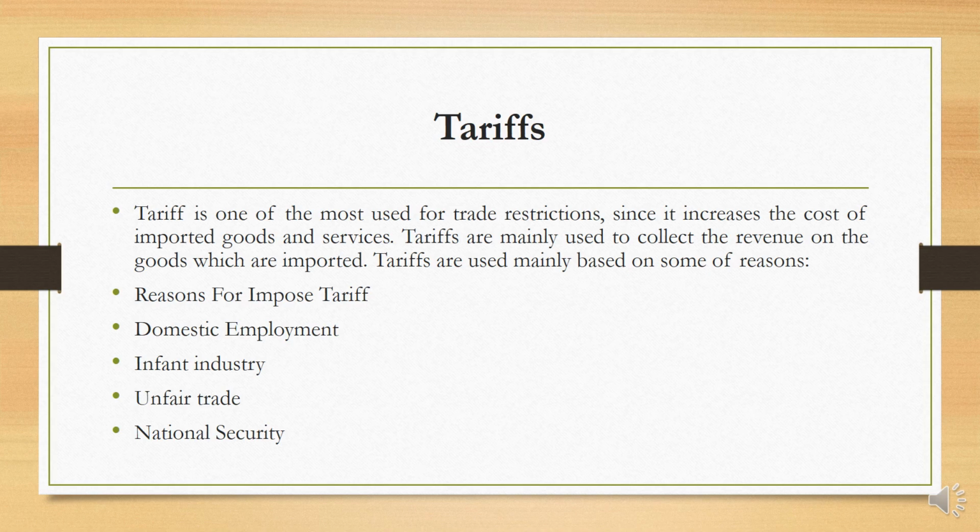For example, domestic employment. We impose tariffs on imported goods. What are imported goods? Imported goods are all those goods which are produced outside the country. These goods do not help to improve employment in the domestic country.